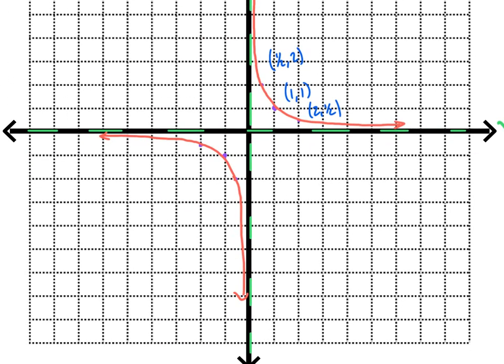Over here it's just the opposites of those. So 1 divided by -1 is -1. 1 divided by -1/2 is -2. And then 1 divided by -2 is -1/2. So those are the points I'm plotting there to just get an idea of where it's going to be.